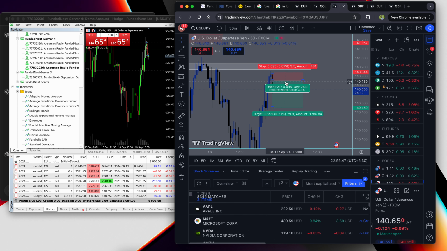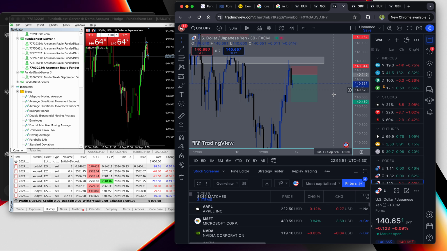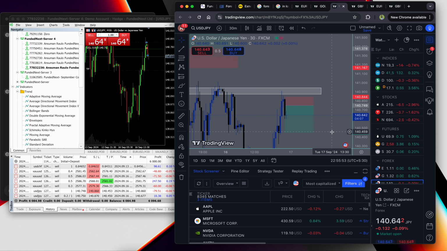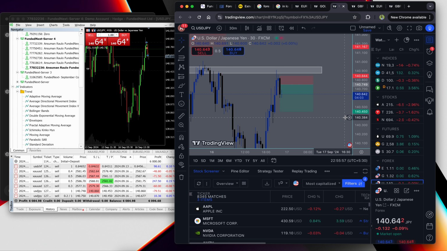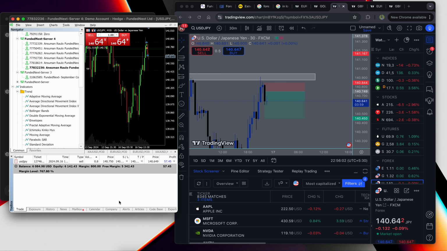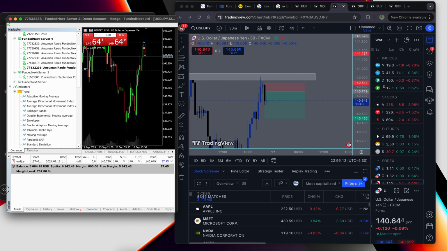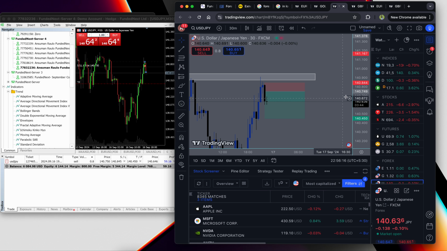So the reason behind this trade is simple. Let me explain. But before that, let me show you the entry and exit prices. Here the price is 140.750 and SL is around 140.845.